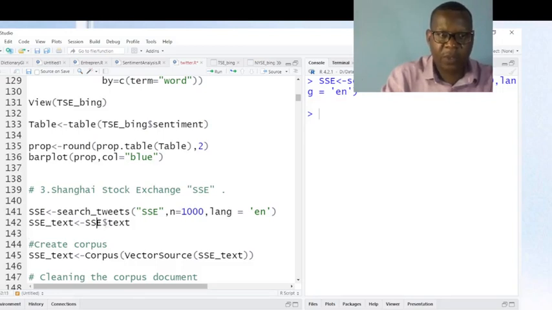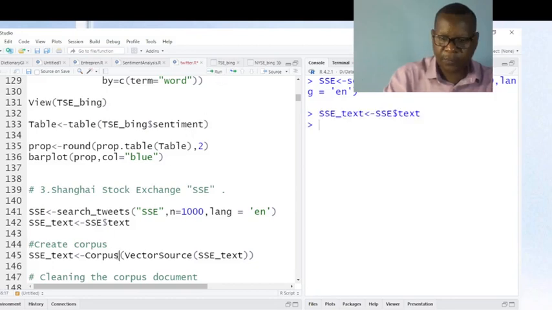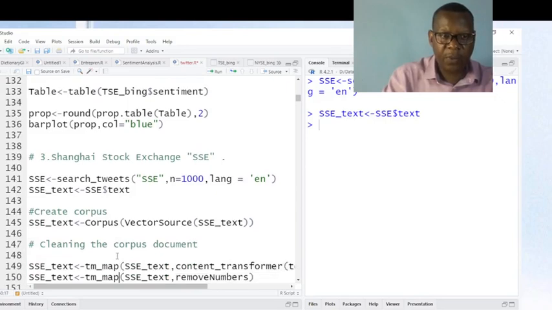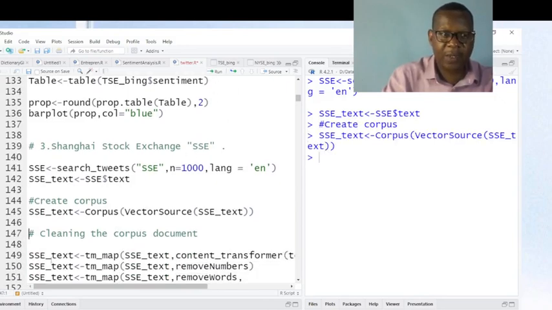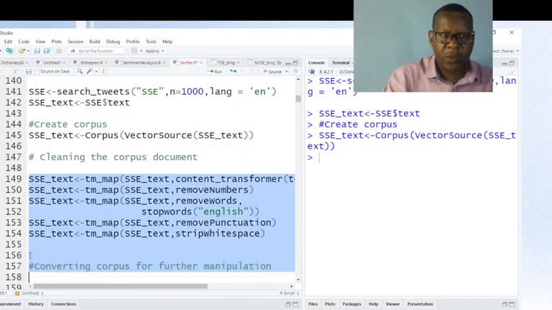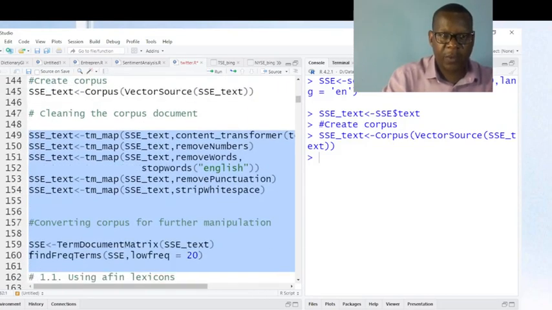Okay, now, as you can see, I finished downloading tweets from the Shanghai Stock Exchange. Now I'm just going to get the text, and all those commands on creating a corpus and cleaning the data are the same. I will just run all these commands to find those words which are frequently used on the Shanghai Stock Exchange.